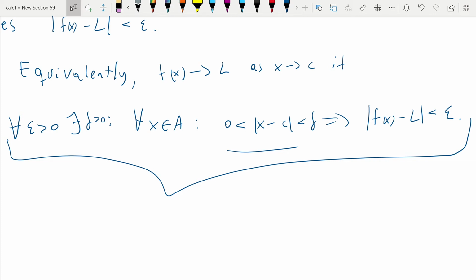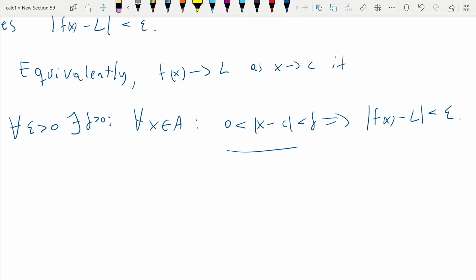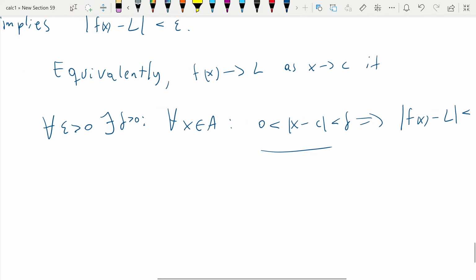Those are the things that we need to take into consideration whenever you read a problem. Sometimes the set A may not be given to you, but you have to deduce it from the formula that defines f.